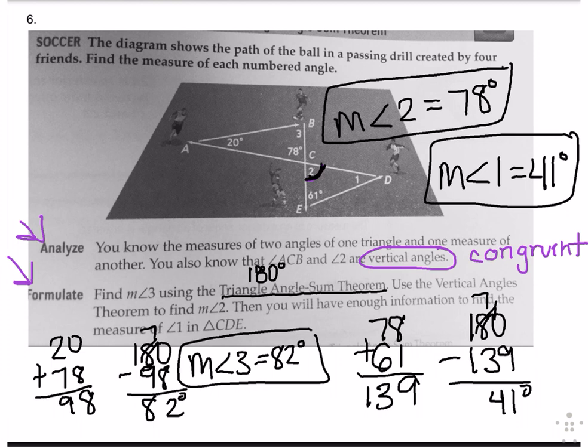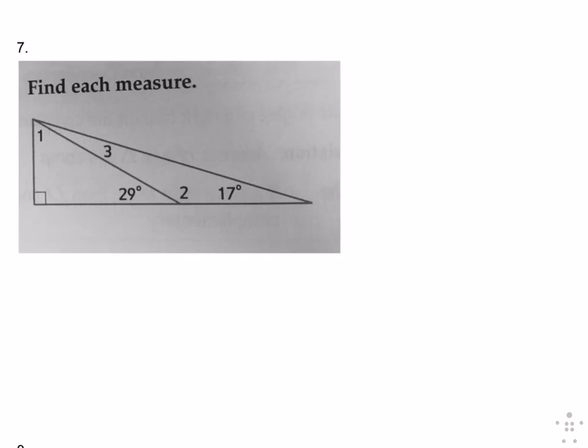Alright, let's look at number 7. Number 7 says find each measure. So we'll start with finding the measure of angle 1. We know that this symbol right here means that it's 90 degrees.